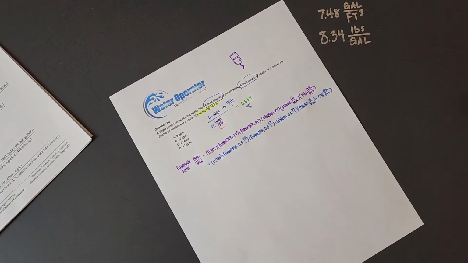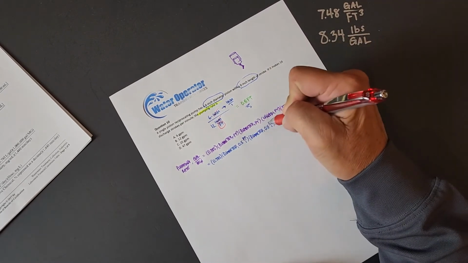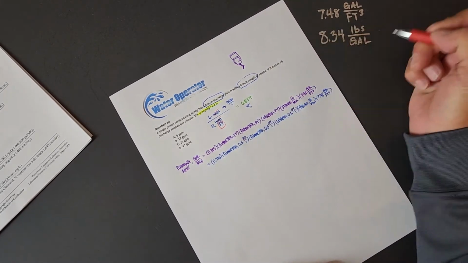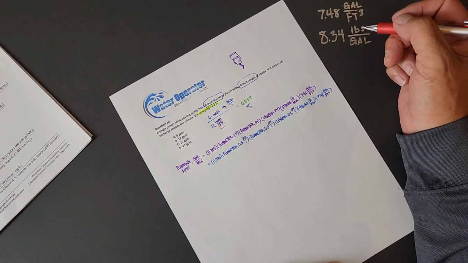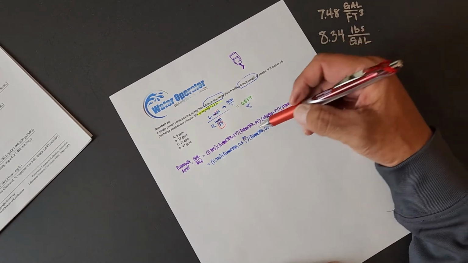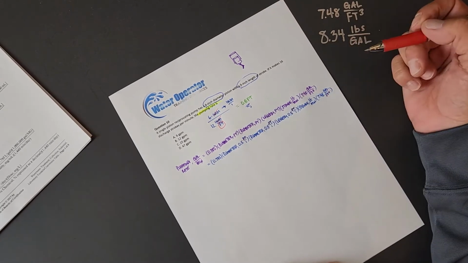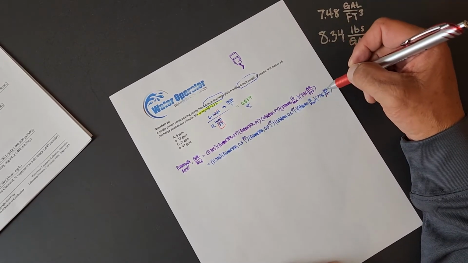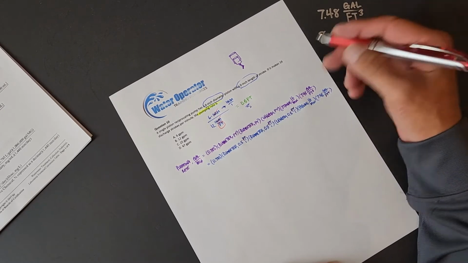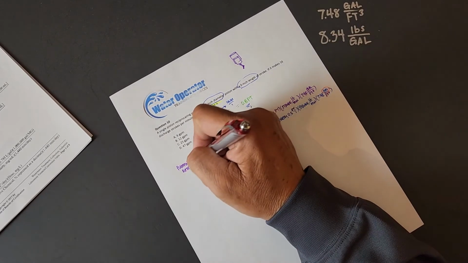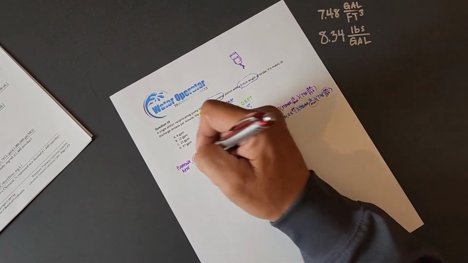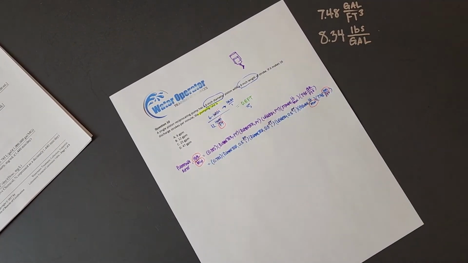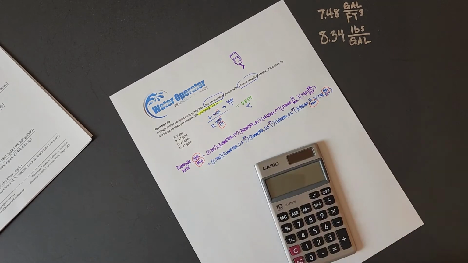Let's cross cancel. We have feet, feet, feet, which cancels out this. We have 1, 1, 1, 16. We're left with gallons and minute. We're looking for gallons. We're looking for minute. Oh, look at that. Now I know that if I multiply this out correctly on my calculator, I'm going to get gallons per minute.